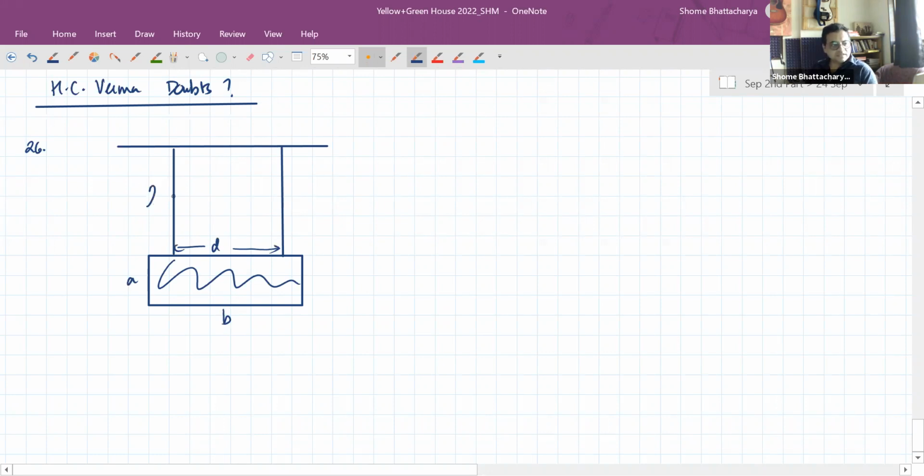And they are of length L each. So for small angular displacement, we have to find the time period. Slightly displaced in its plane, keeping the strings tight, show that it will perform SHM.